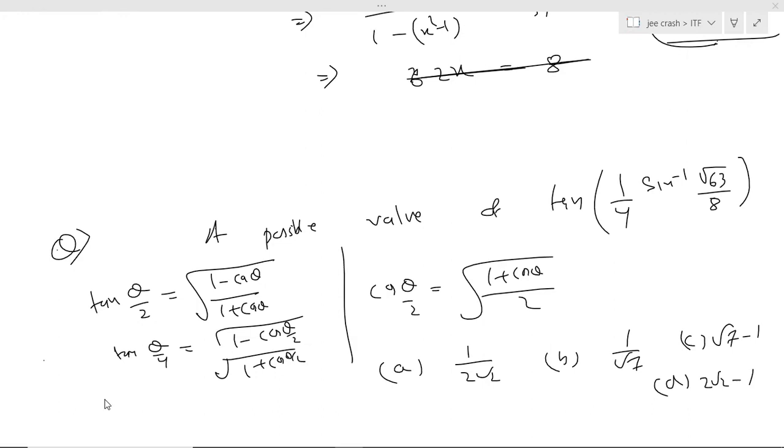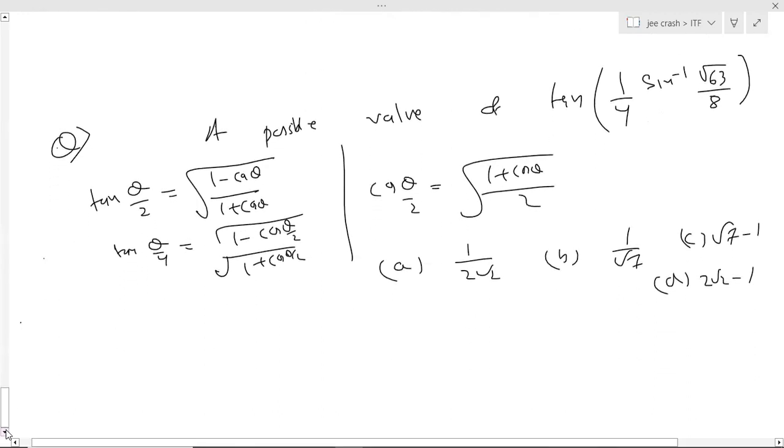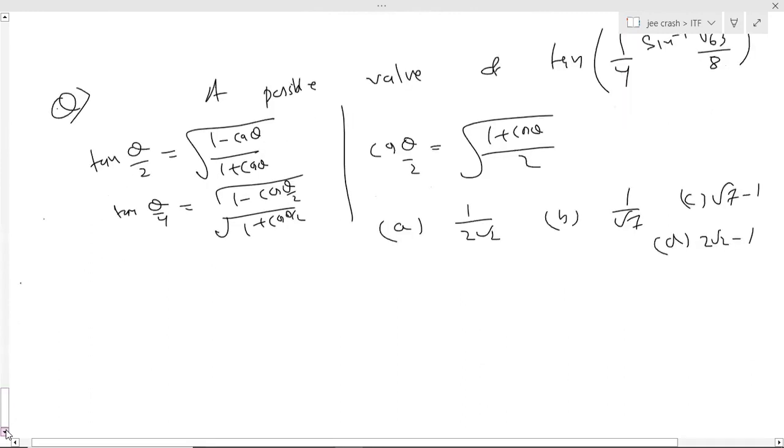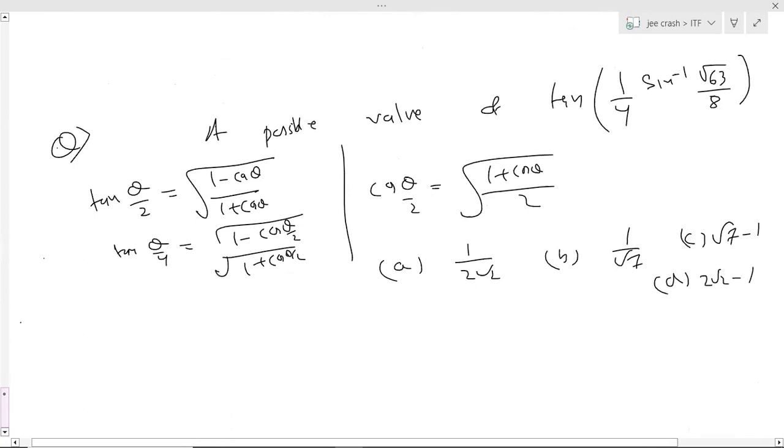All right, let's see. Anyone solve this? Okay. Let's take theta as sine inverse root 63 by 8. All right. So sine theta is root 63 by 8.